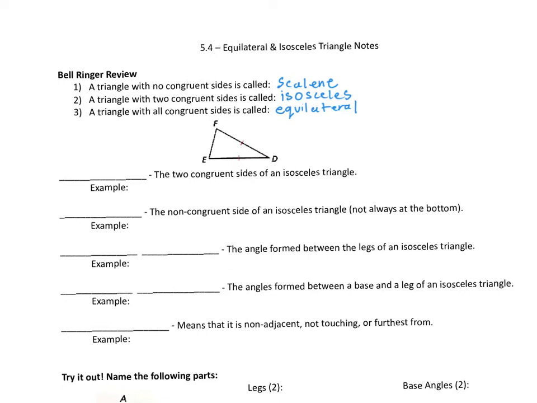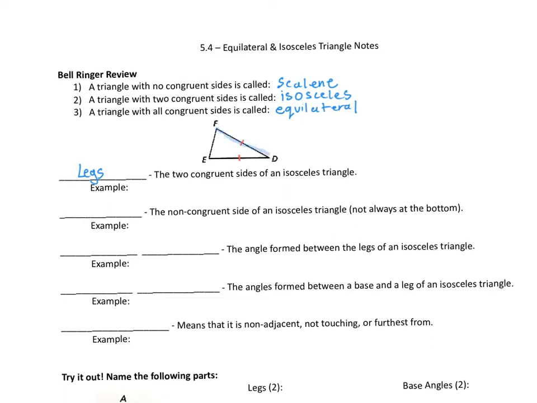Here in this little picture, remember we have our tick marks. This tick mark shows us that there are two congruent sides here, so we are dealing with an isosceles triangle. The congruent sides of an isosceles triangle are called the legs. So here, let me highlight the legs for you.